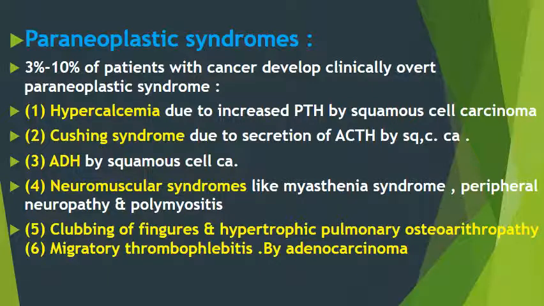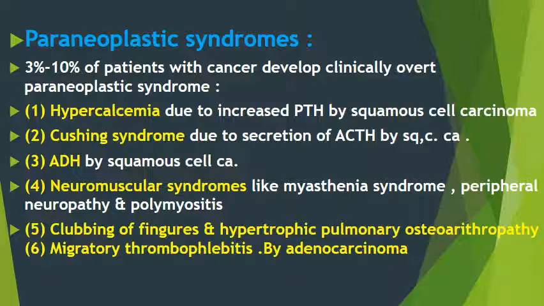Now we are coming to paraneoplastic syndromes. What is the meaning of paraneoplastic syndromes? This is a group of symptoms or biological changes that occur in certain types of cancer, including lung cancer, as in squamous cell carcinoma, small cell carcinoma, adenocarcinoma of the lung.